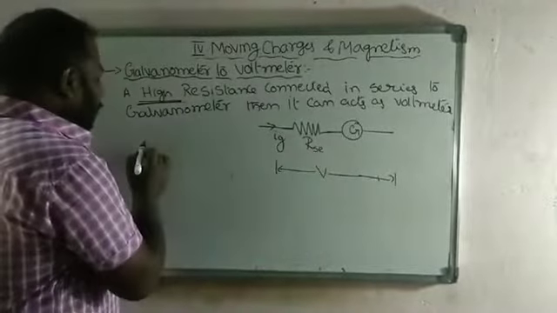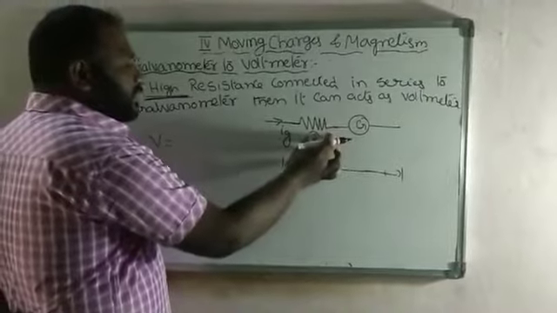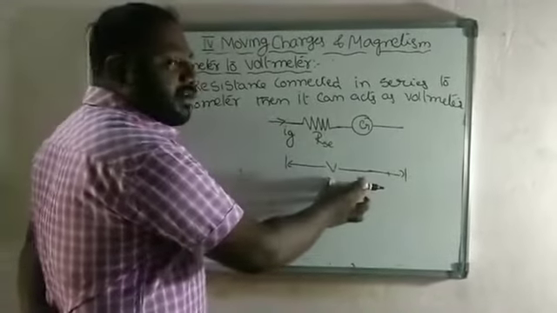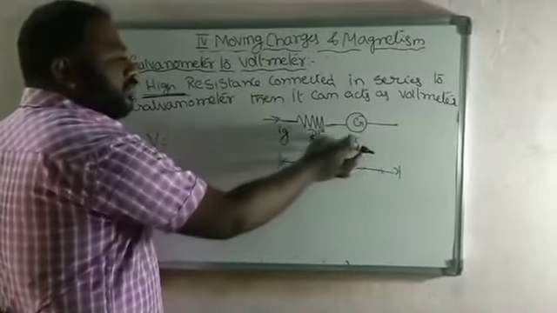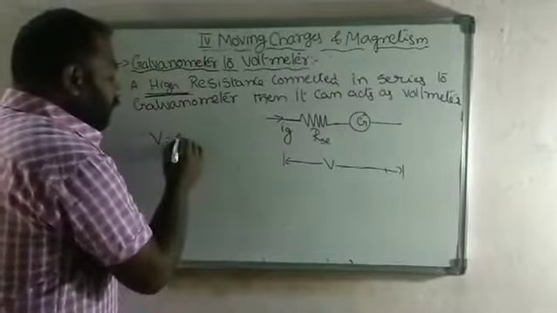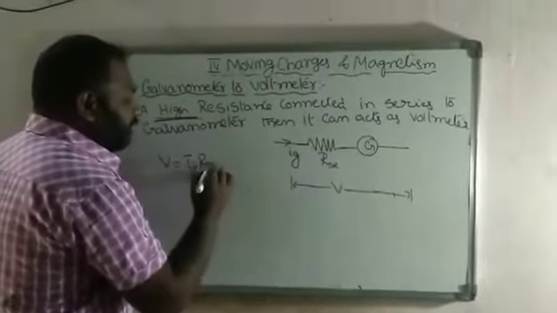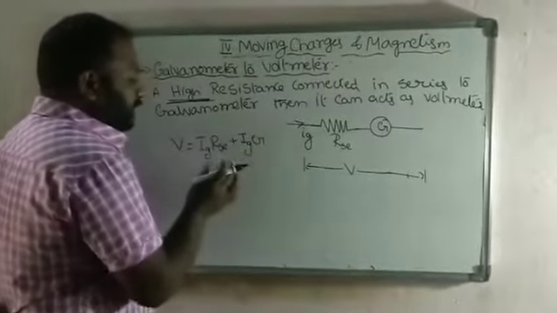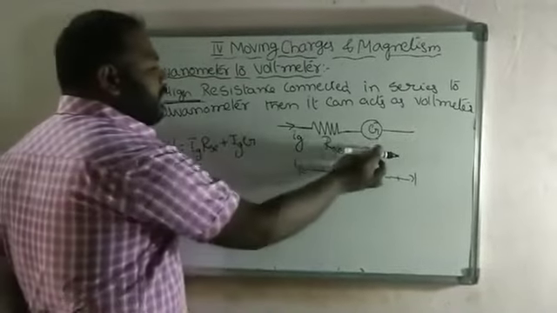Now we know that the voltage V is equal to the voltage across the resistance plus the voltage across the galvanometer, according to Kirchhoff's voltage law. That is, the total voltage across the voltmeter is equal to the voltage across the series resistance plus the voltage across the galvanometer.